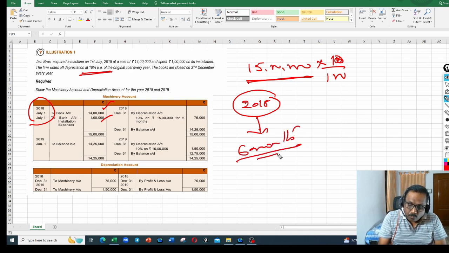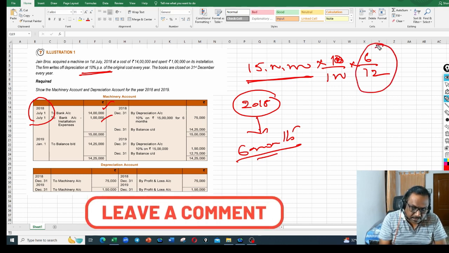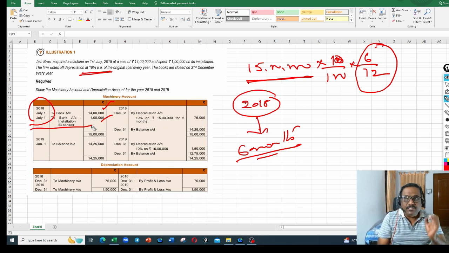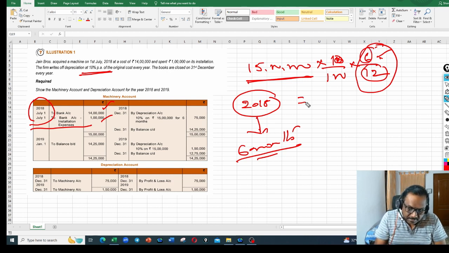So we calculate 15 lakhs into 10 by 100 into 6 by 12. We put 6 by 12 because the asset was not used for the full year; 12 is for the full year of 12 months and we used it for 6 months. When we calculate like this, it comes to 75,000.